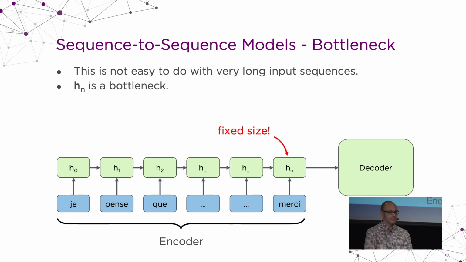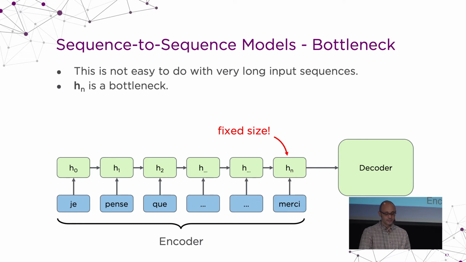But we may have examples where the input sequence is very long. In this case, the problem is that now I have a lot of information that the encoder is trying to store in the last internal state, in this case Hn. The problem is that Hn again has a fixed size, the same size as in the previous example.